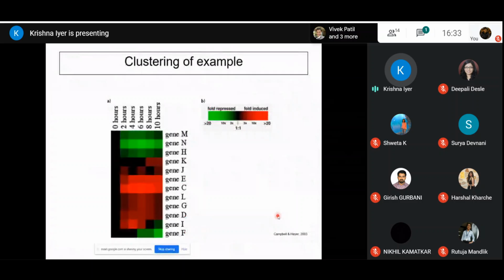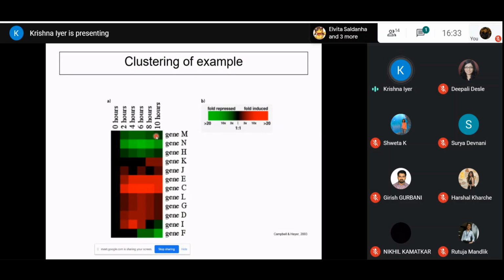Since you know exactly where is what, in the end you might get something like this. When you do an experiment, after 2 hours you see this profile, after 4 hours you see this profile for the different genes. So it tells you how it is getting induced and then coming down, or staying induced, or getting repressed and then coming back, and so on and so forth.